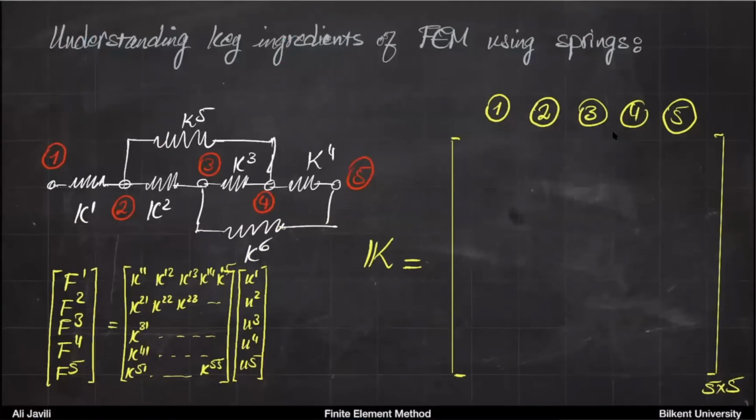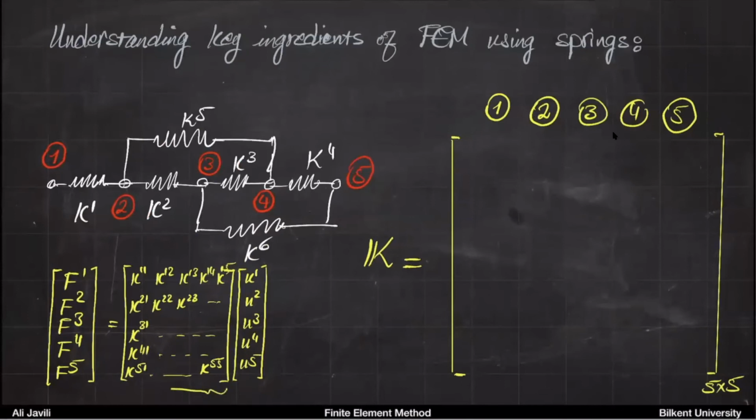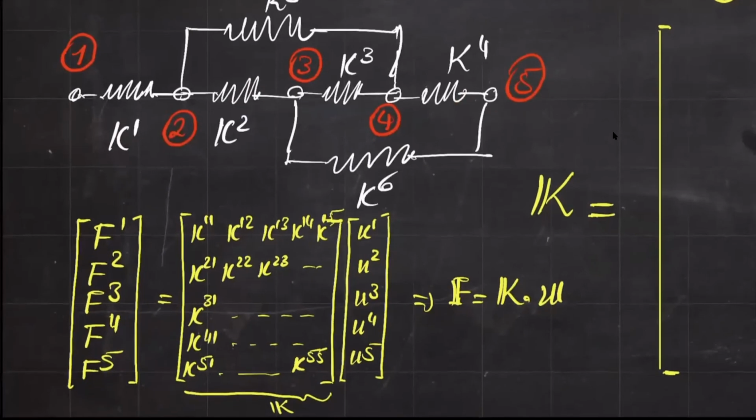And then this stiffness is exactly what we have up there. So let's call this K. And then eventually the system we are looking at is exactly the same thing as we mentioned before: F equals KU. Okay, so we are exactly talking about the same thing. Now, before going to the stiffness part, I want to ask you about the force part, because remember we played this game on forces previously.